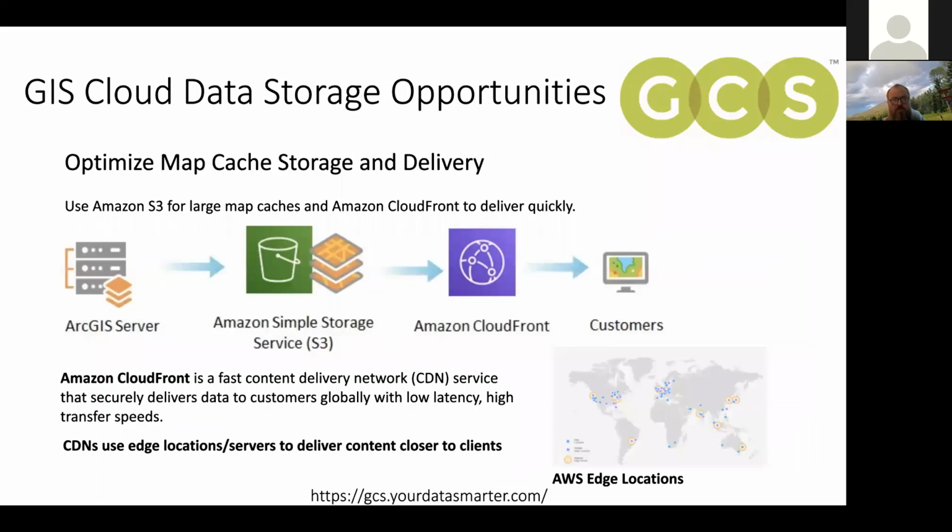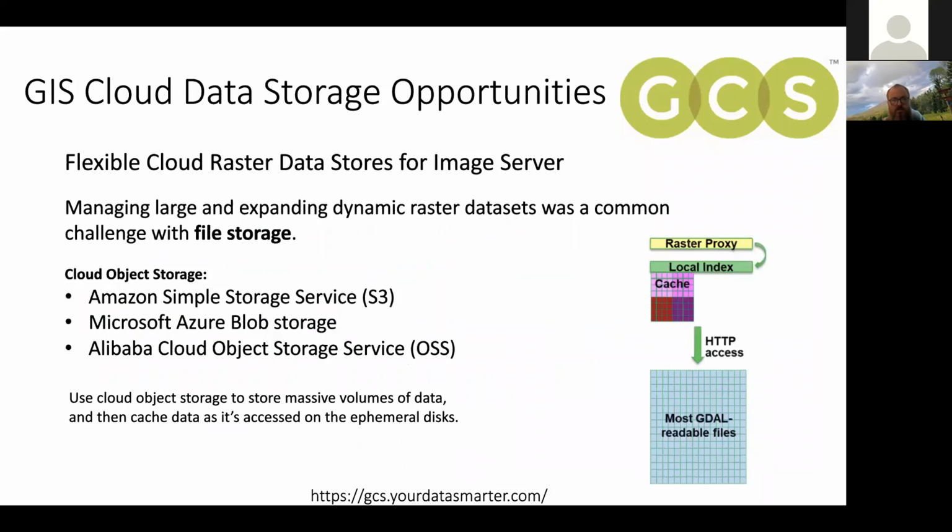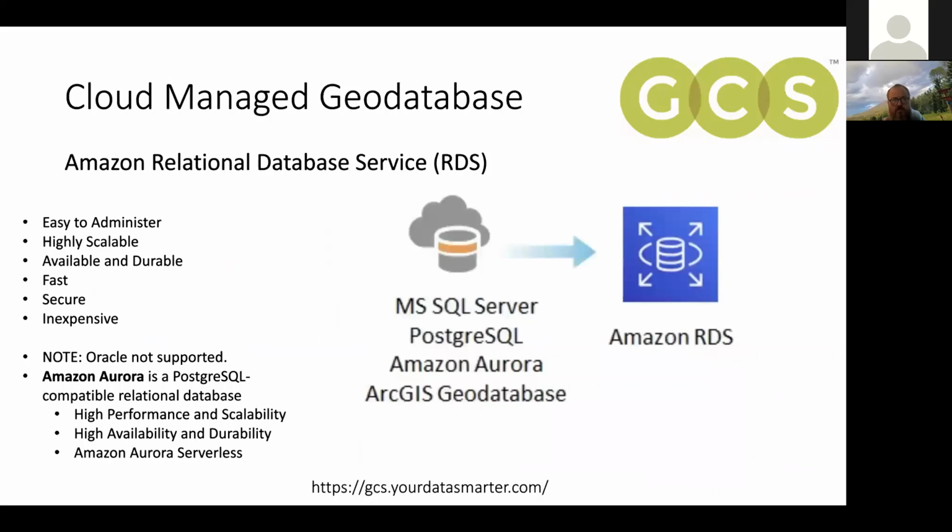I'm just going to skip ahead here. So with Lambda, you can deploy your GIS workloads and call other ArcGIS APIs. But if you want to store your enterprise geodatabase in a serverless offering, you can use Amazon Aurora, which is a flavor of PostgreSQL.